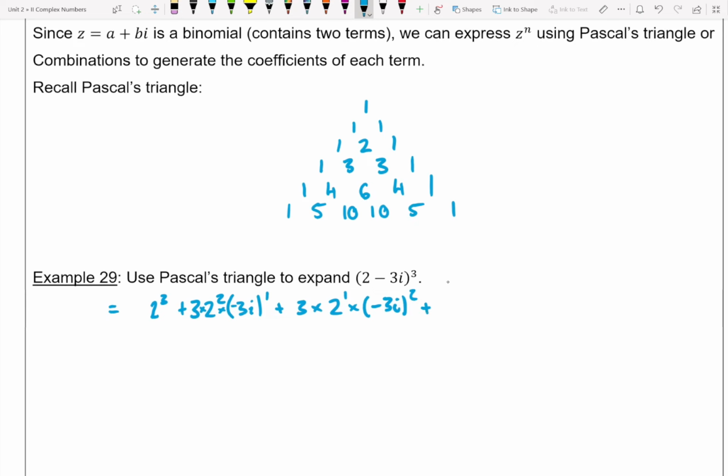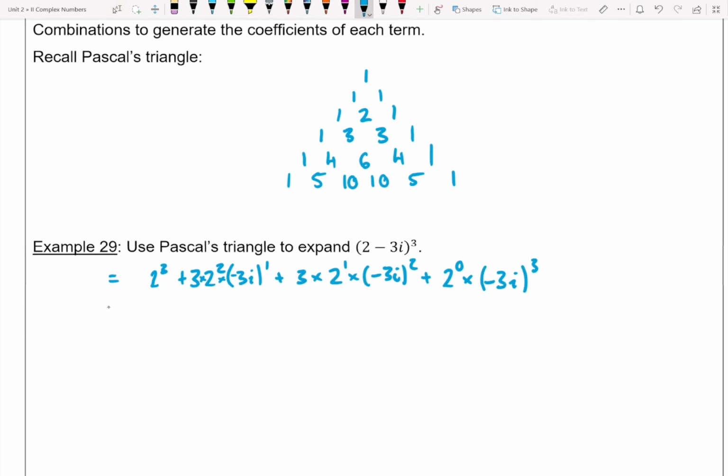And then lastly, 1, because it's the last entry of Pascal's triangle, times 2 to the 0, which is also 1, times negative 3i cubed. And so what we're left with here is this is just 8, plus 3 times 4 is 12, times negative 3 is negative 36i.